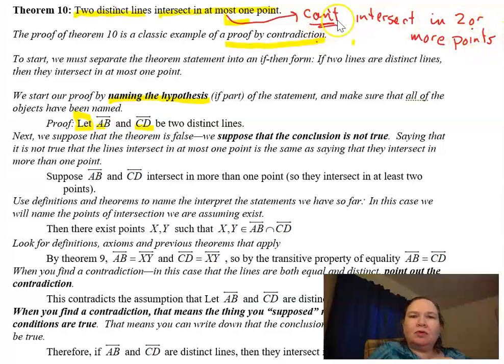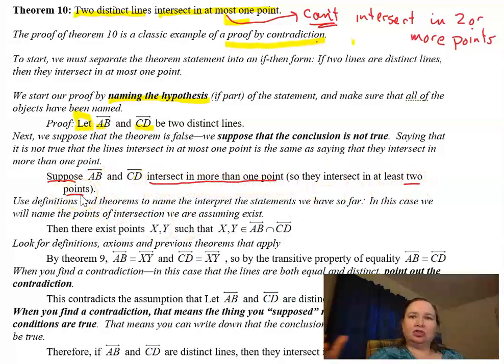And anytime you can write that conclusion with a can't, that is part of your realization that maybe a proof by contradiction would be good here. Because the next thing you have to do is suppose that the theorem is false. So if the theorem says they can't intersect in two or more points, then we have to suppose that they intersect in two or more points.